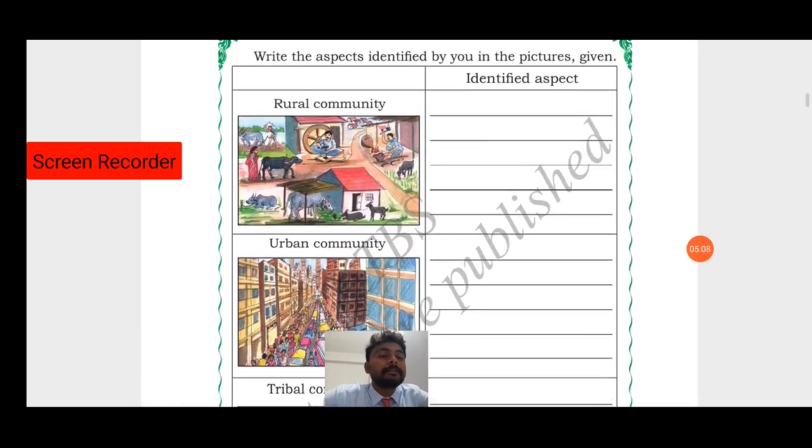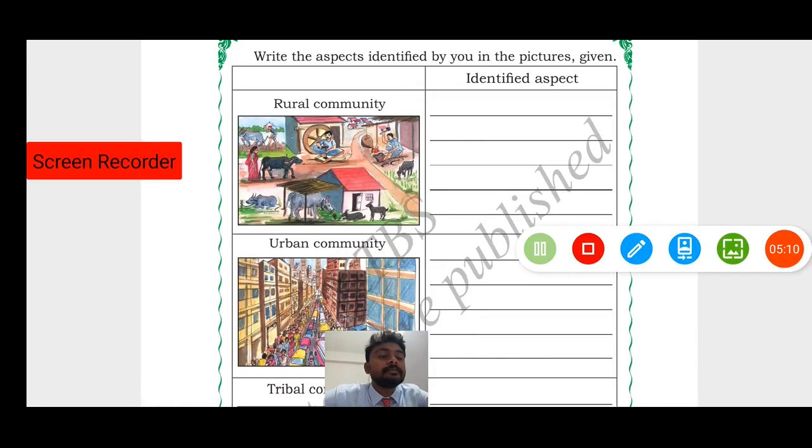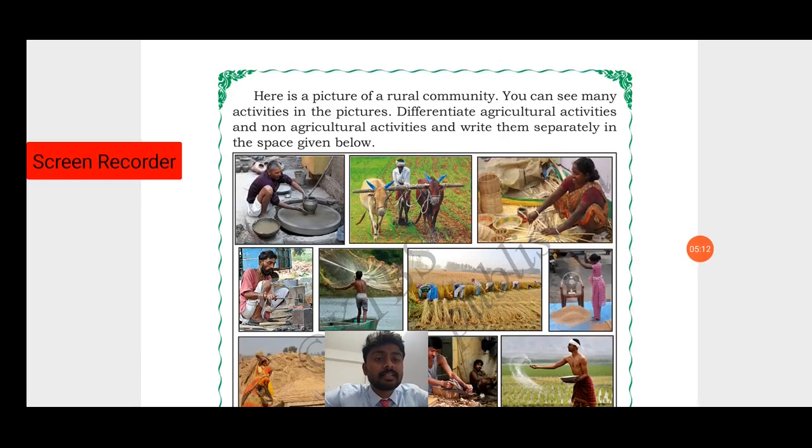Okay, see students, here are pictures of rural communities. In rural communities you can see many activities in the pictures. Differentiate agriculture activities and non-agriculture activities, and write them separately in the space given below.